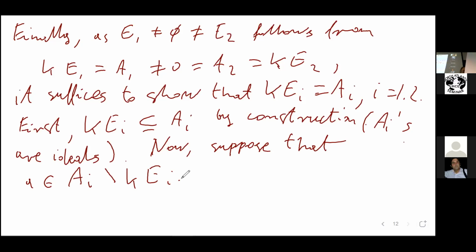Then, well, I can write it as follows. Let me do it on the next slide, because there is not enough room here. Because I have a basis, I can write it down as a finite linear combination.